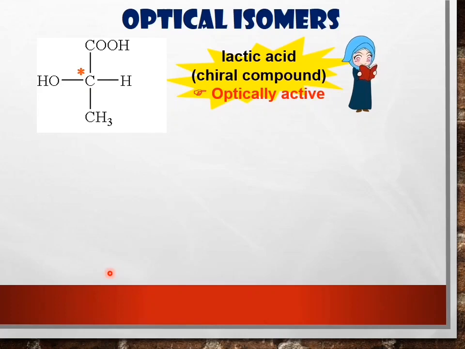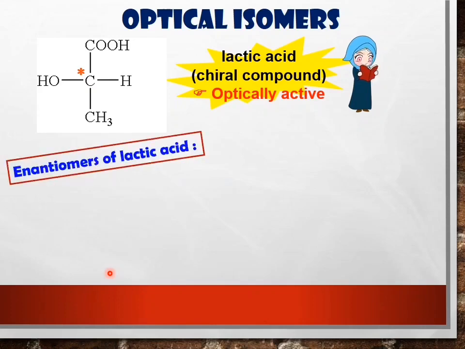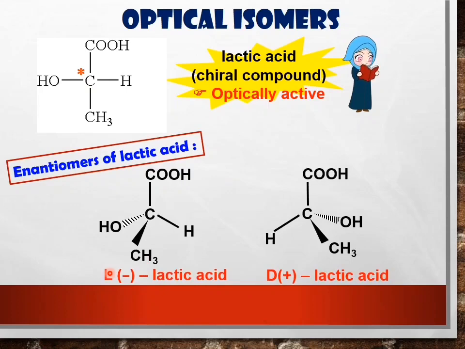How to draw the optical isomer? We draw the optical isomer like we draw the enantiomer. We need to draw the mirror image by using a 3-dimensional structure like this. So this is the enantiomer of lactic acid. We draw it by using the wedge-dash line formula.